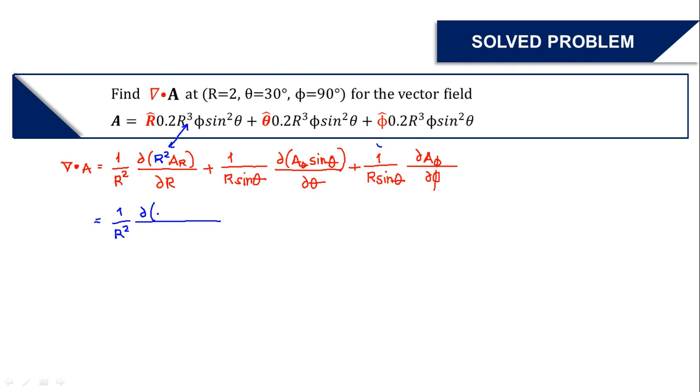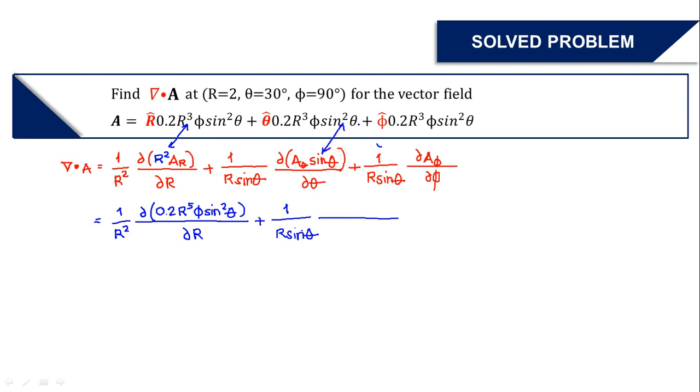So, 0.2 r to the fifth P sine squared theta with respect to r plus 1 over r sine of theta times sin theta, i-multiply natin. So, magiging cube na pala to.